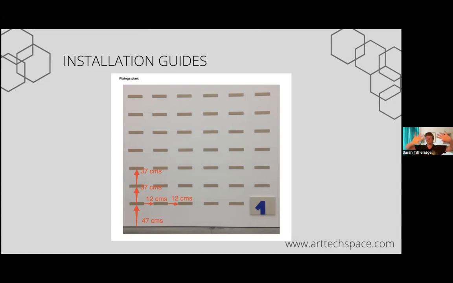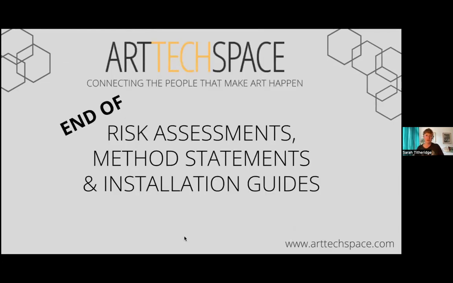The first time it's installed, it's all measured out and it's marked up on the wall, but then when it's taken down, then you can make a template of where all the screws sit or all the fixings, and so then that's all done on polythene, a sheet of nice thick polythene that then can travel with the artwork and be part of the installation guide as well. And that's it.